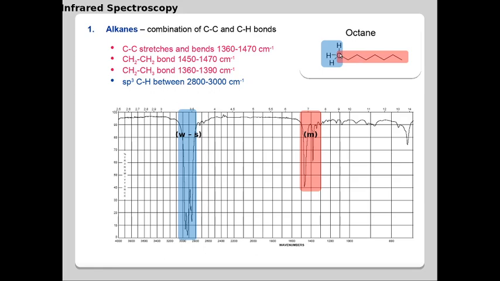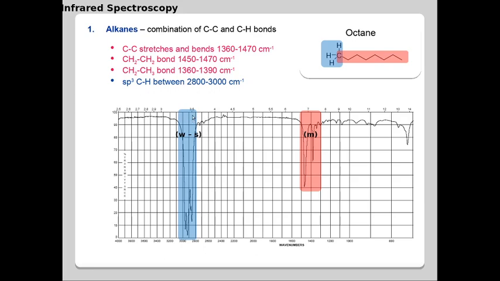This is an sp3 hybridized carbon, so the sp3 CH stretching vibration of the octane system usually happens between a range of 2800 to 3000 centimeter inverse.